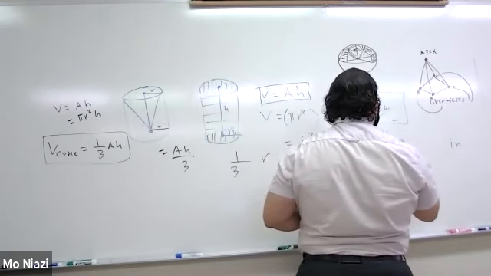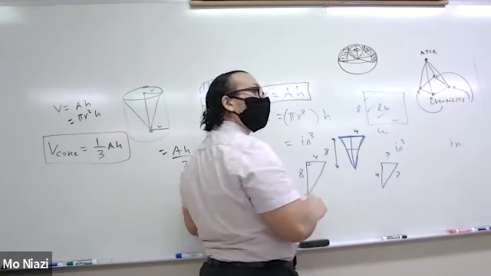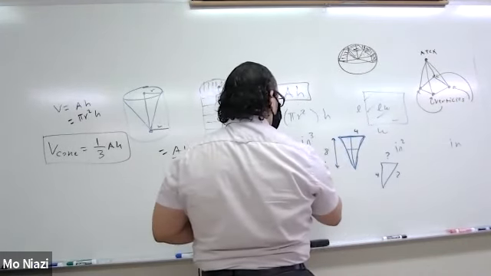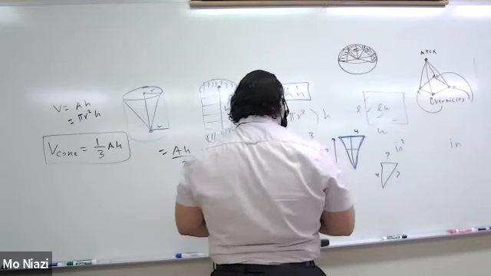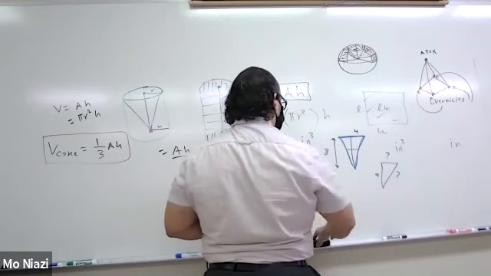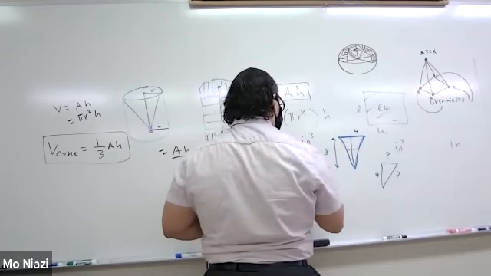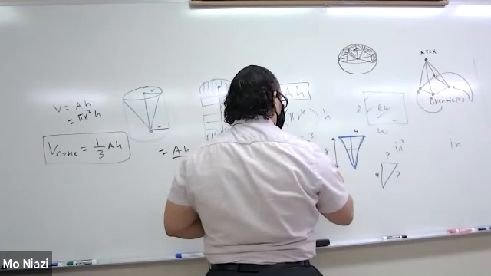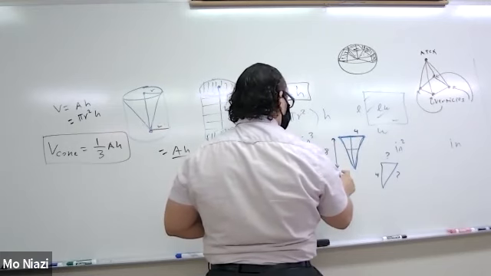This is an unknown and this is an unknown. But you can use properties of similar triangles here. So this whole thing is 8. This piece is a 4. This is an R. This whole thing you can figure out, right?